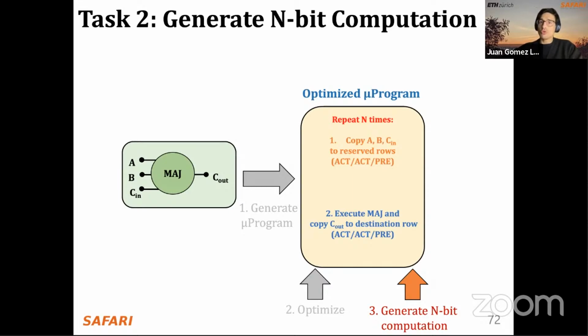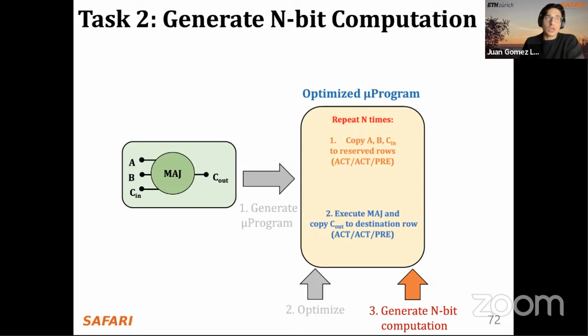And then we have to move the carry to the next bit, let's say bit 1. Then we repeat the operations, calculating the sum and the carry for bit 1. Then we go to bit 2 and so on. So in the end, we have to repeat this whole process n times, depending on the precision of the data types that we are using, right?